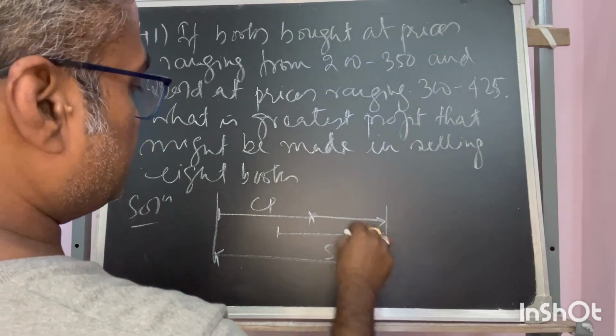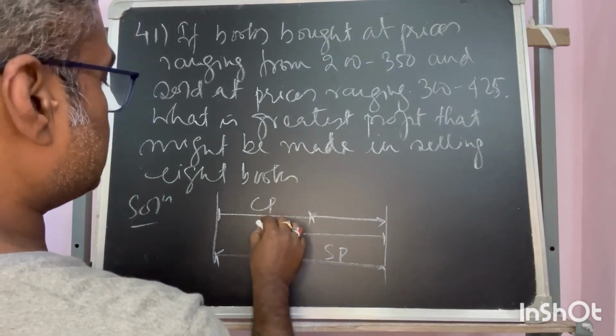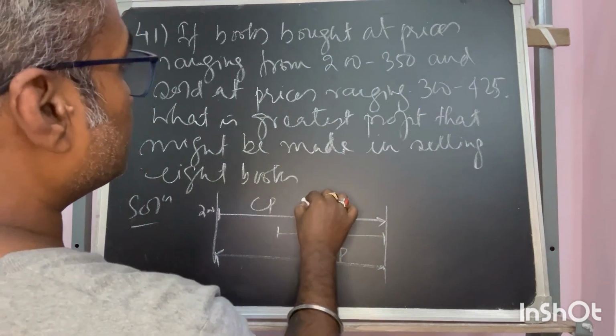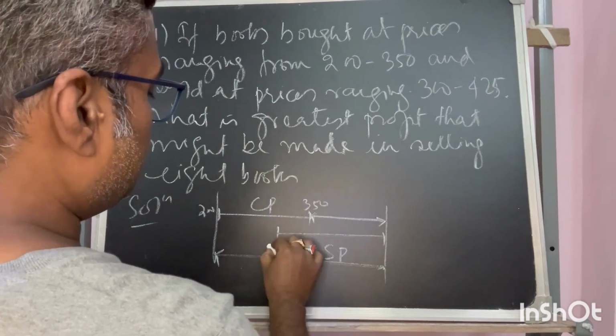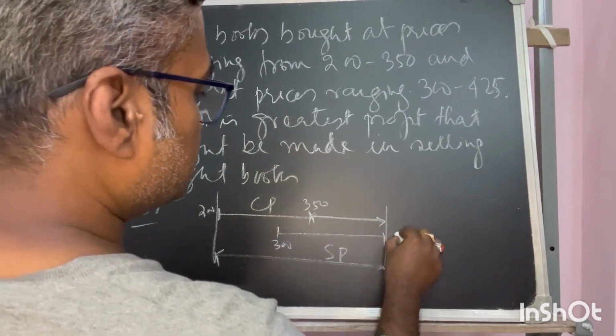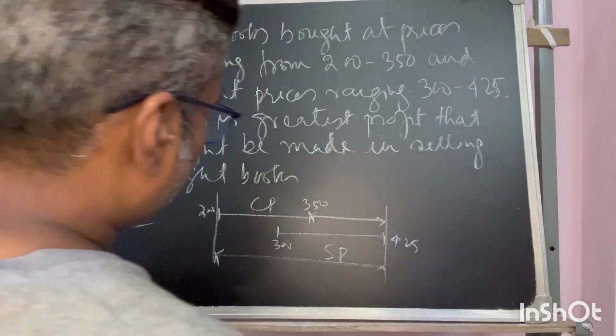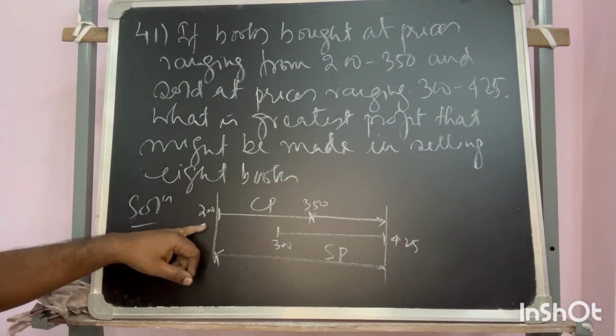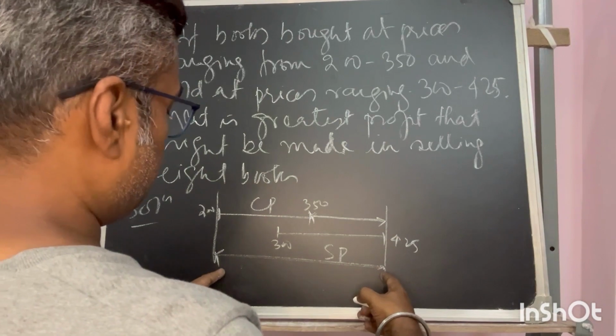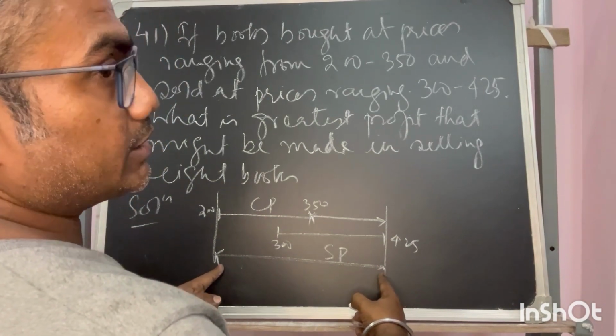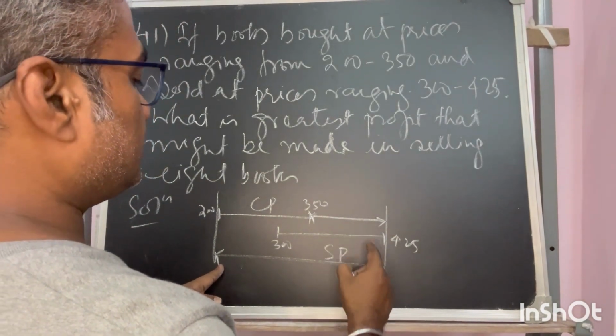If I say this is 200, this is 350, this is 300 and this is 425, the profit can be maximized if I choose this range.